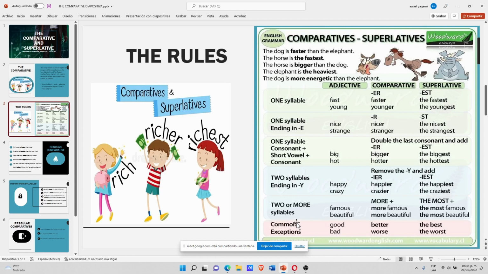The other, young, younger, and the youngest. The comparative we use to compare two people or two objects, and the superlative is the most. For example, the fastest, I run a lot.